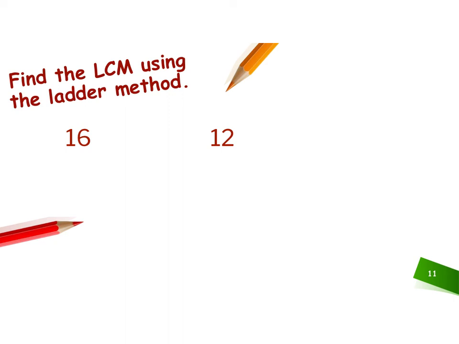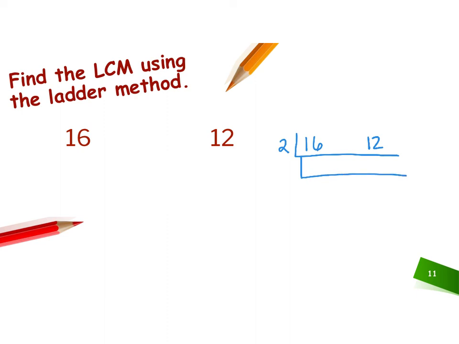In our last guided practice problem, we will solve for the least common multiple of 12 and 16 using the ladder method. So we'll write both of our numbers inside the ladder step. Both of these numbers can be divided by 2.